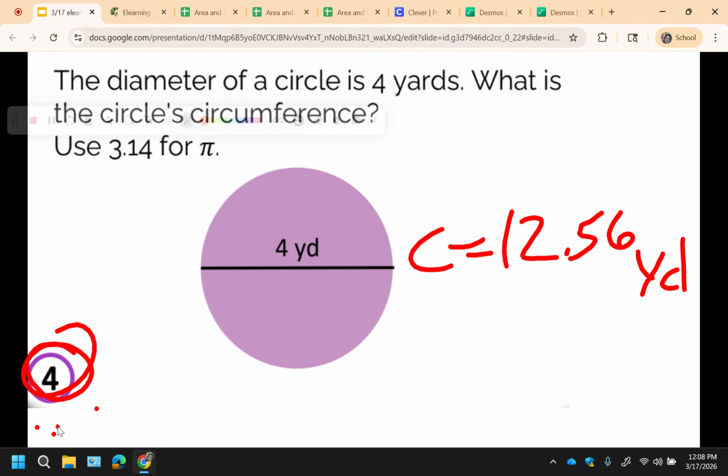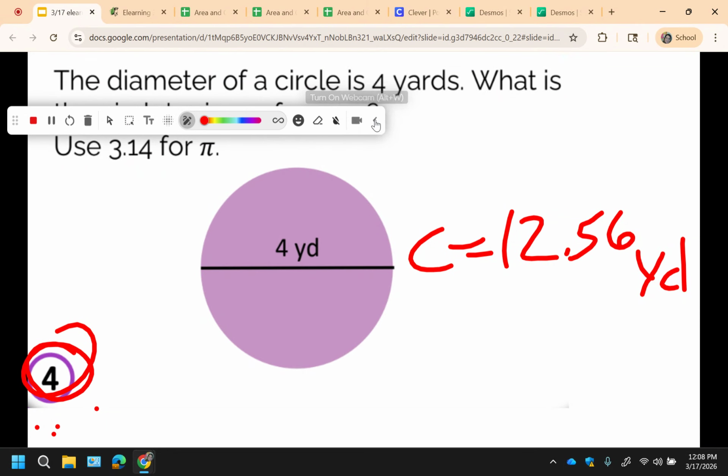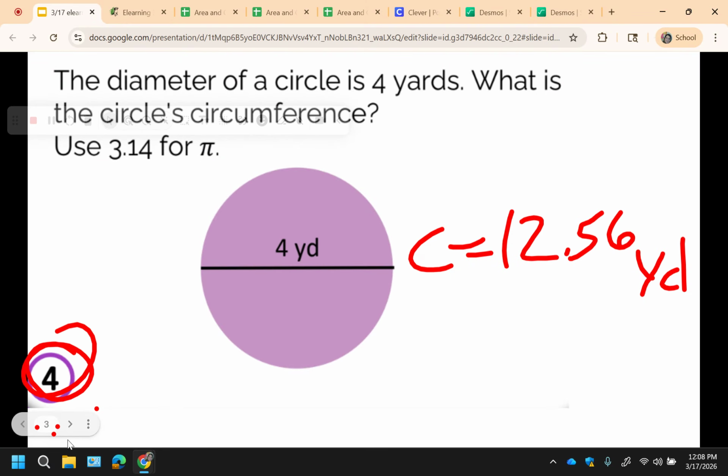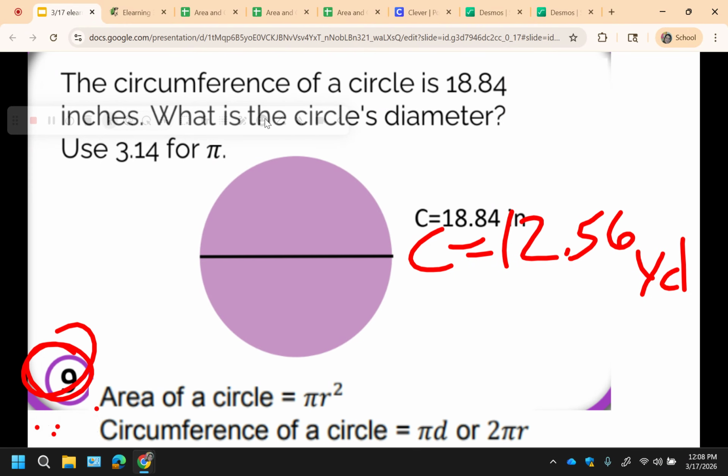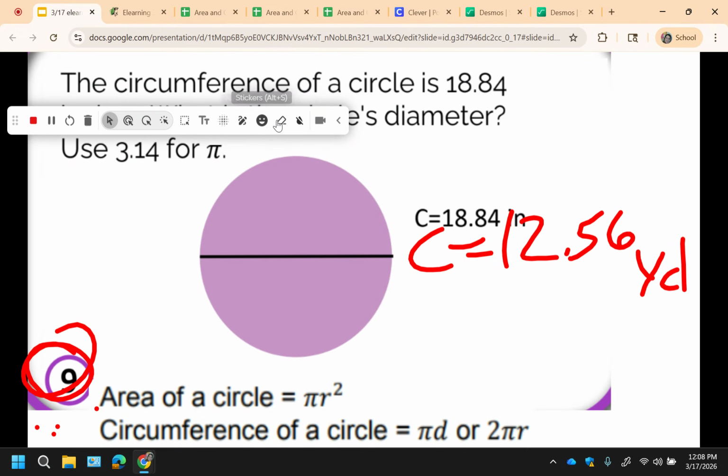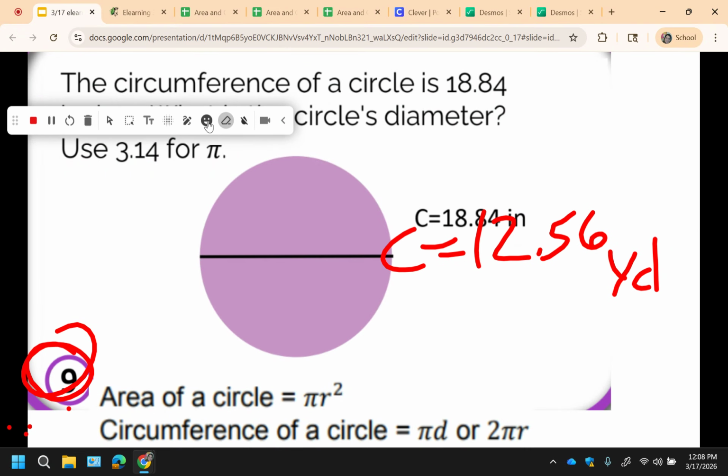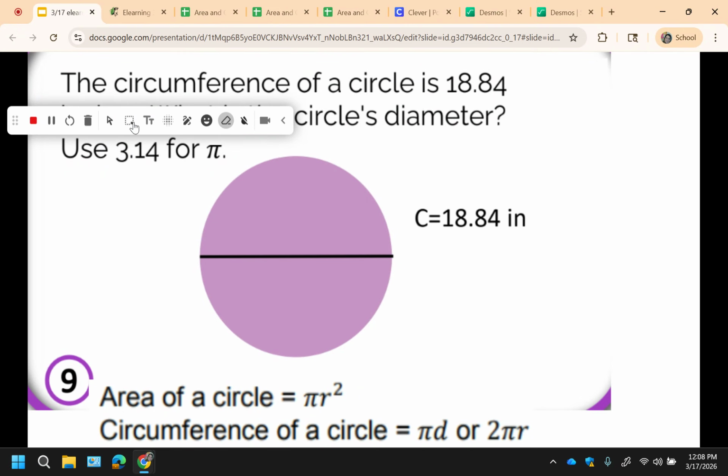Okay, there we go. All right, let's clear this off then. Erase. There we go. Alrighty, so the circumference of a circle.